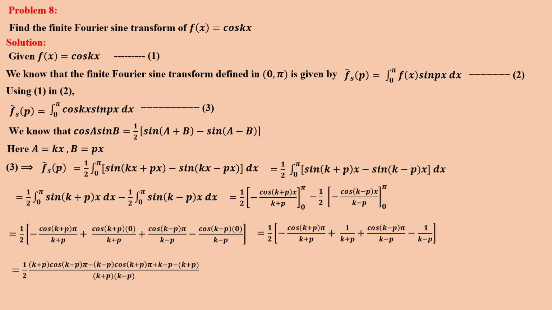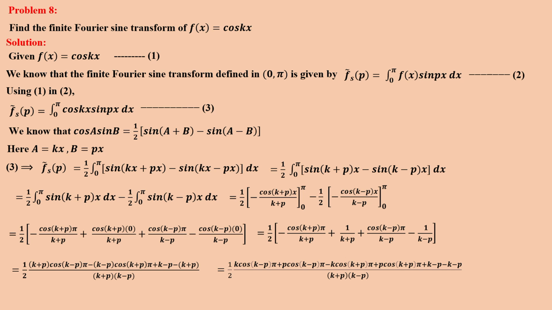So half into, taking the LCM (k plus p) into (k minus p): (k plus p) cos(k minus p)pi minus (k minus p) cos(k plus p)pi plus (k plus p) minus (k minus p)... that is equal to 1 by 2, removing each bracket, multiplying: k cos(k minus p)pi, then plus p cos(k minus p)pi. Then the second term, minus k cos(k plus p)pi plus p cos(k plus p)pi.